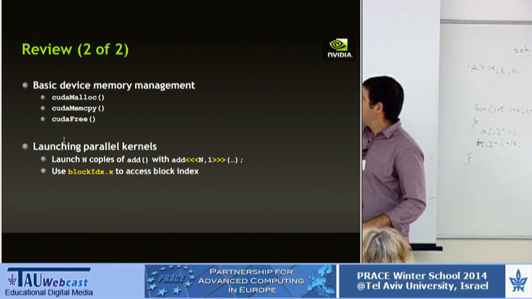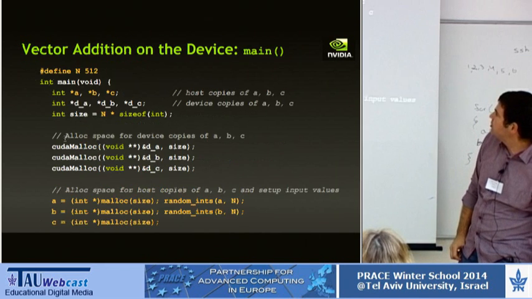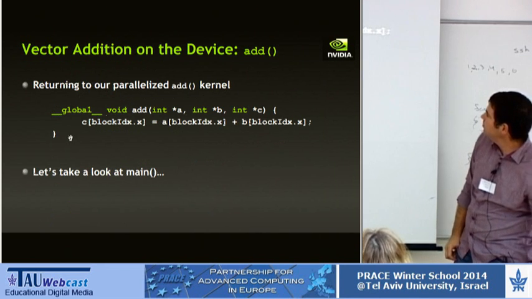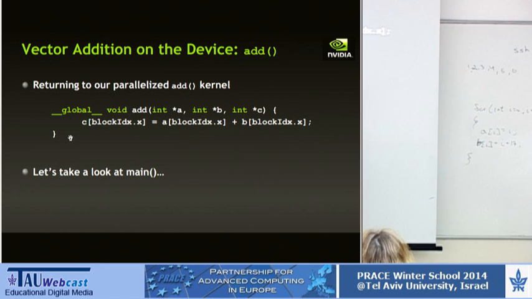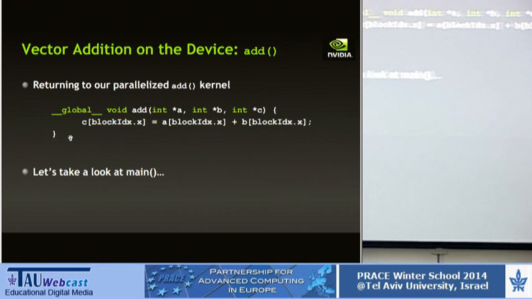The only thing I want to go back to is this blockIdx.x. This is one of the magic variables, and it exists as soon as the GPU arrives at this line. Some variables pre-exist.